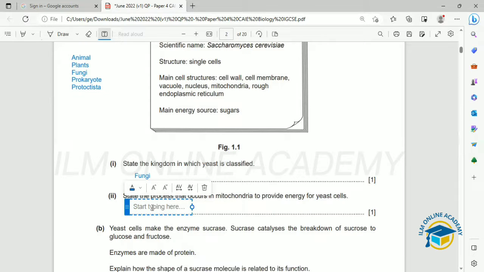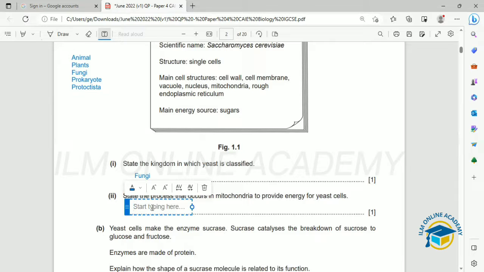But the main thing is that yeast can respire with or without oxygen, so it can carry out anaerobic as well as aerobic respiration. Anaerobic respiration of yeast takes place in the absence of oxygen, in the cytoplasm of the yeast. And we also call it fermentation.